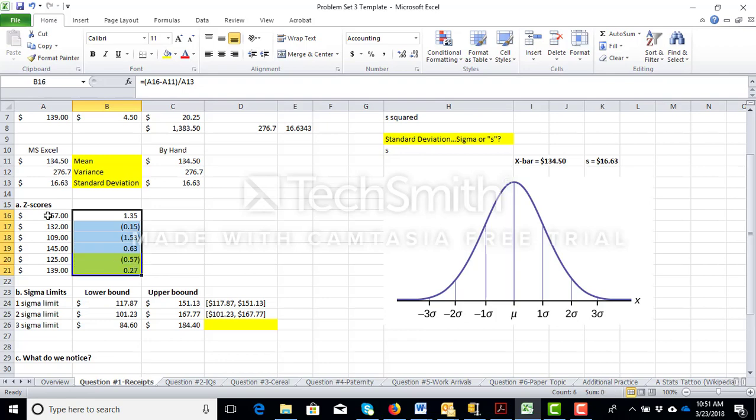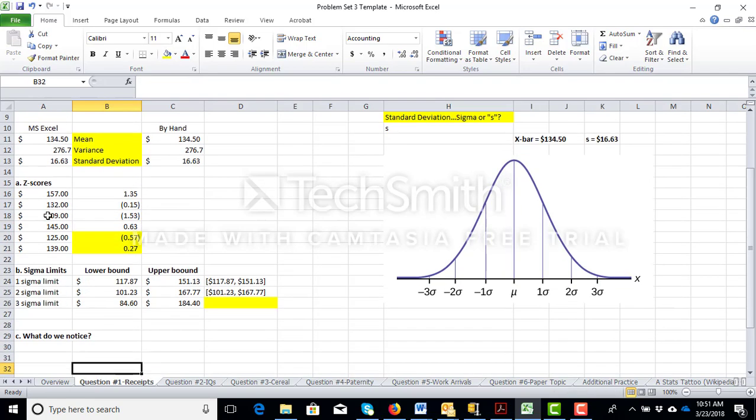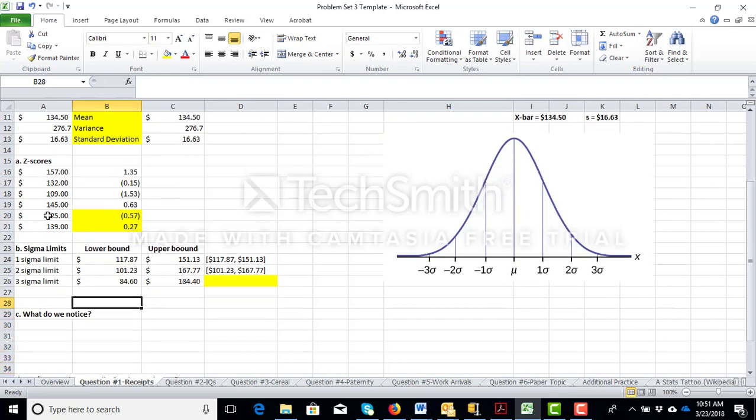Now, part C, what do we notice? In particular, what do we notice about all of these z-scores as we think about the empirical rule? Are any of these z-scores more than 2 standard deviations away from the mean? They're not, are they?